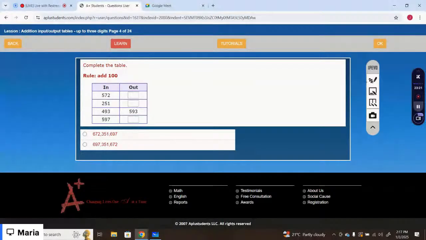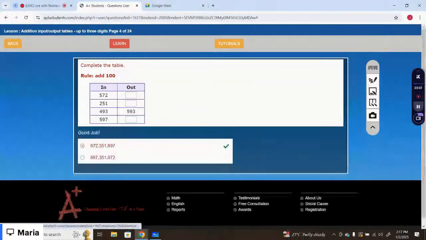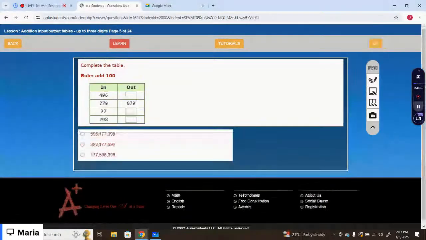Complete the table. You have to add 100. So, which is the correct option? That is 672, 351, and 697. Very good. That's option number one. Complete the table. Add 100. So, which is the correct option?